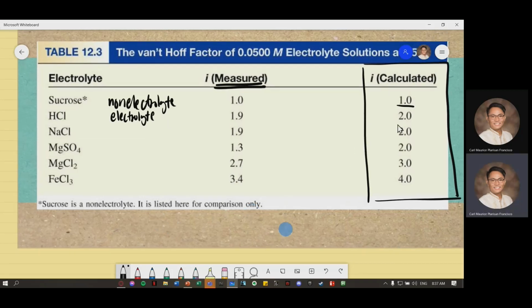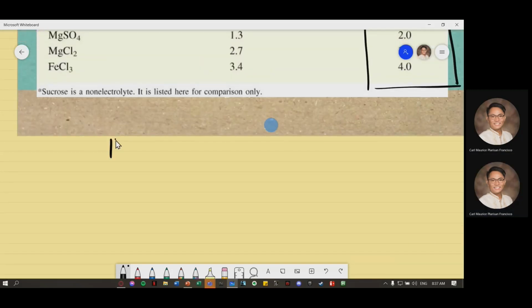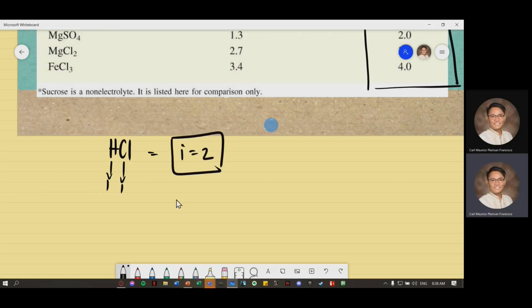Ang Van Hoff factor ng HCl ay 2. Paano naging 2? HCl. Okay, balikan natin ito. HCl. Shortcut, mayroong 1 hydrogen, 1 chlorine. i is equal to 2. Shortcut. Or kung gusto nyo gamitin yung formula, 2 particles after dissociation, and then you have 1 HCl, 2/1.